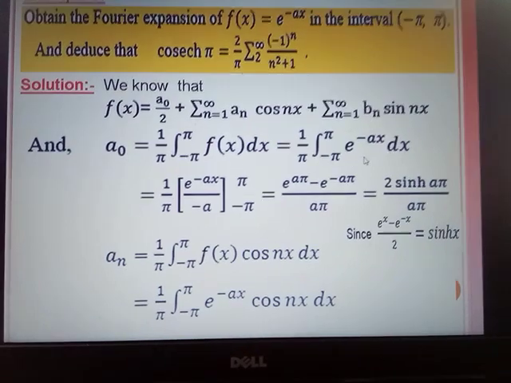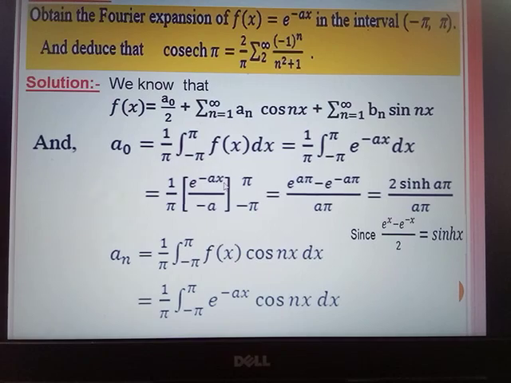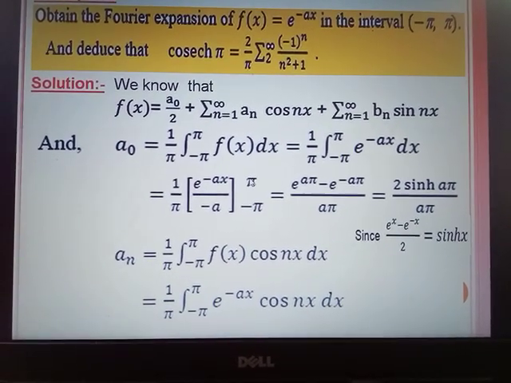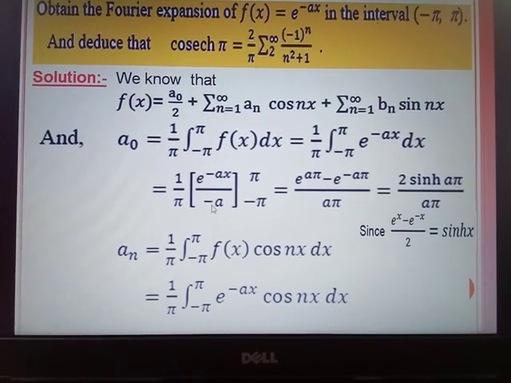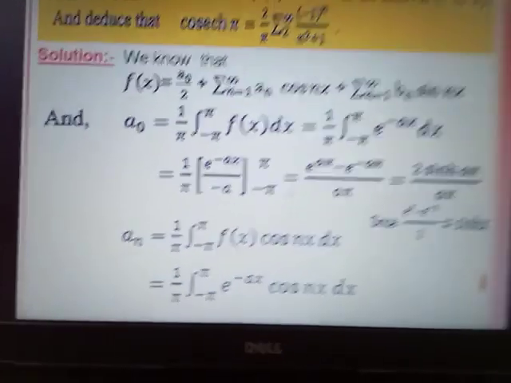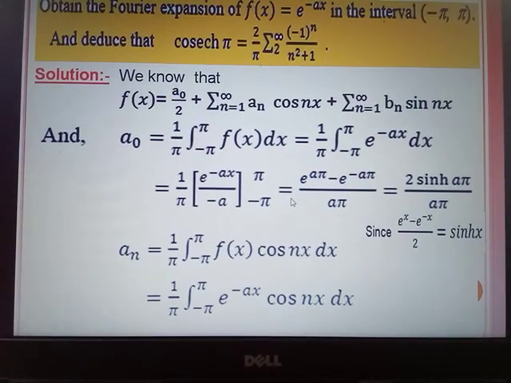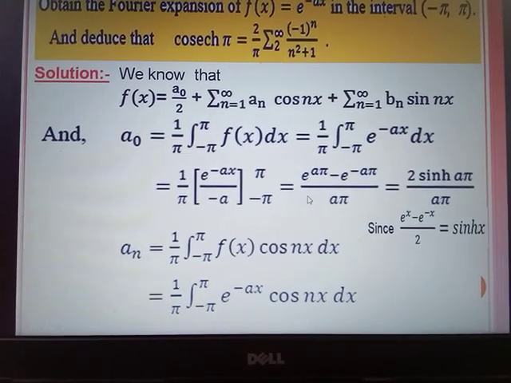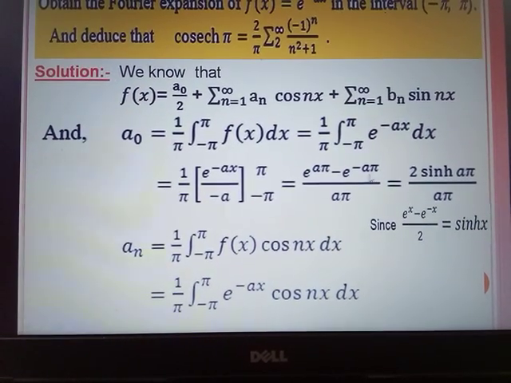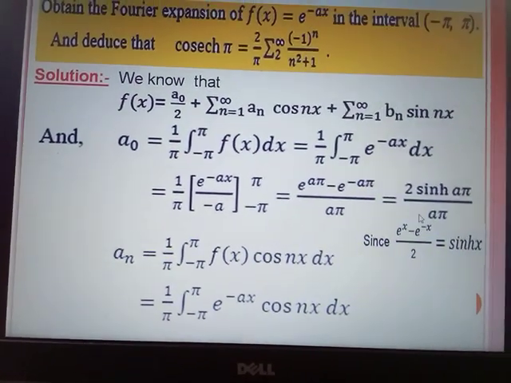Now we have to integrate this e^(-ax). It will be 1/π into e^(-ax) divided by -a, limits from -π to π. Here -a is constant, take it outside. After applying the limits, this is equal to (e^(aπ) - e^(-aπ)) divided by aπ.